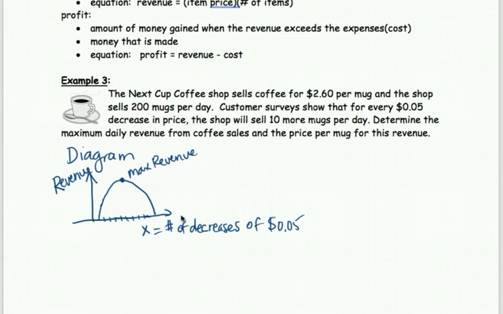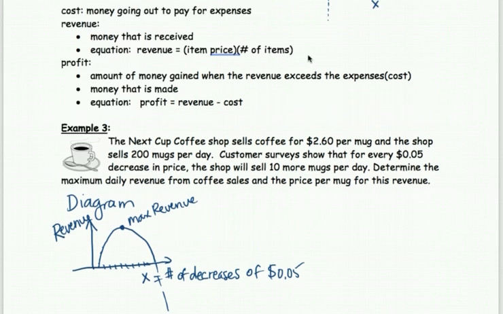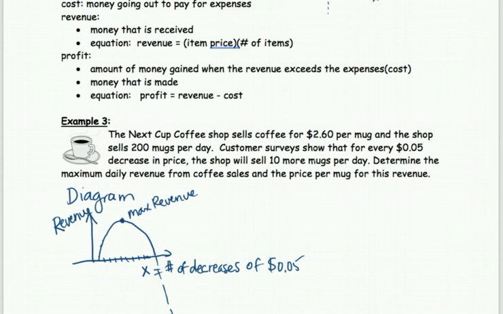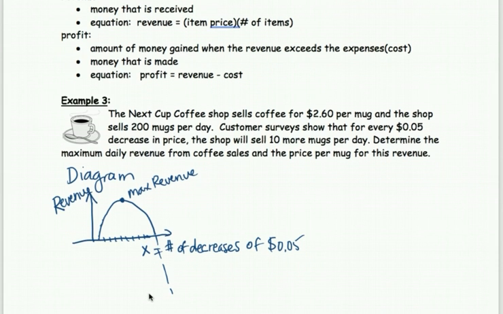But at some point, if you decrease the price to a really low price, you're going to start losing money to the point that you're back in the hole, because it costs money to buy the coffee beans, the cups, the machines, and the delivery of the coffee beans to your store. So you need to not decrease so much that you end up losing money and lower revenue.